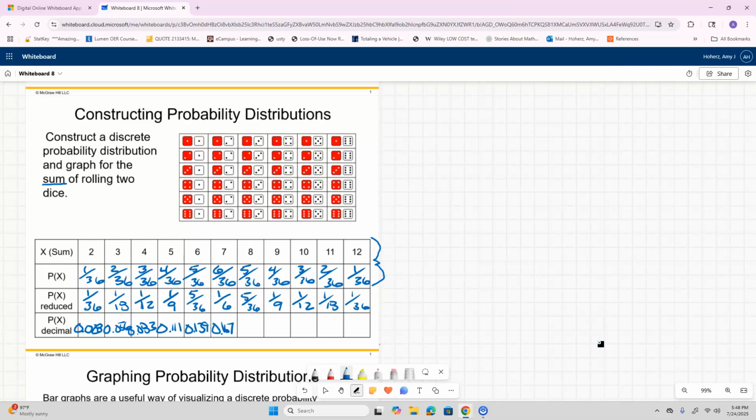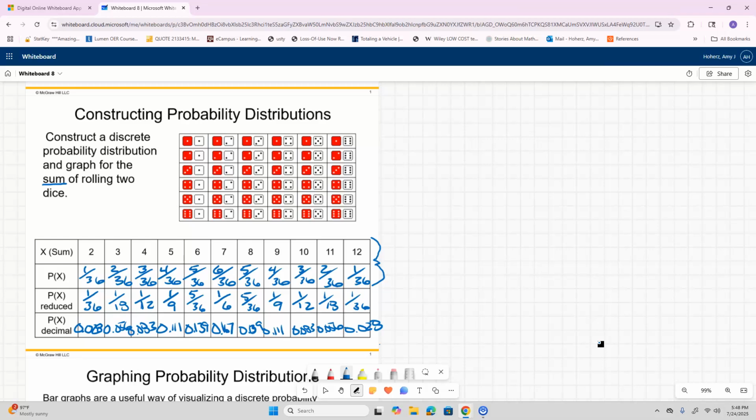And then we can just write down from the other side, 5/36 was 0.139. 1/9 was 0.111. 1/12 was 0.083. 1/18 was 0.056. And 1/36 was 0.028.